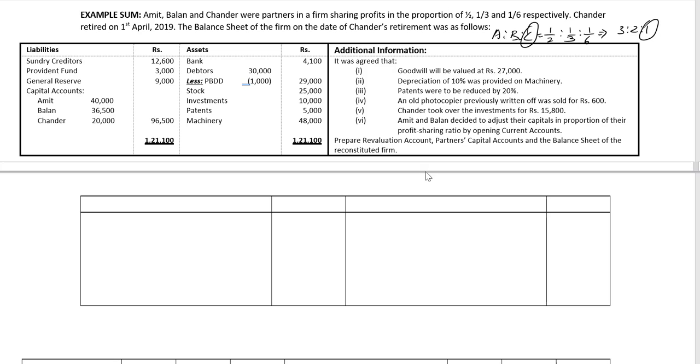So we'll begin with the revaluation account, go ahead with the partners' capital account and then the balance sheet. Working notes will be done below the balance sheet. So let's go on with the solution. Solution. Revaluation account.